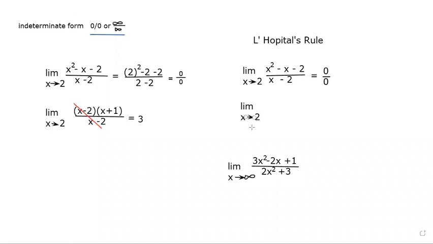So the derivative of x squared minus x minus 2 is going to be 2x minus 1, and the derivative of x minus 2 is just 1. Now we want to try to plug in our 2.